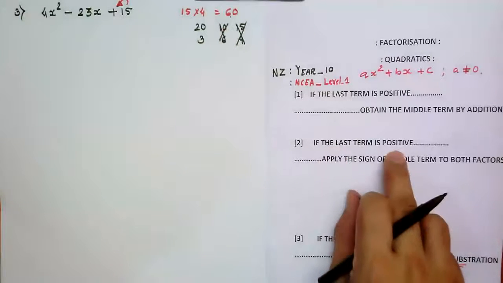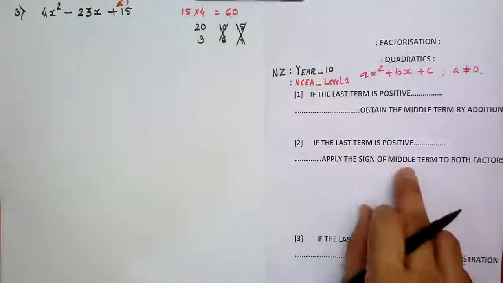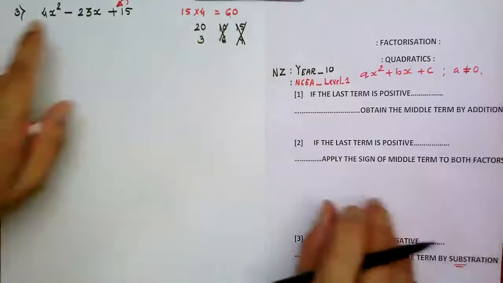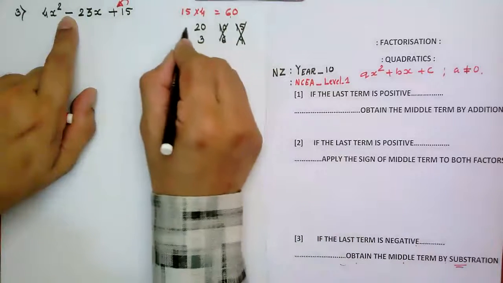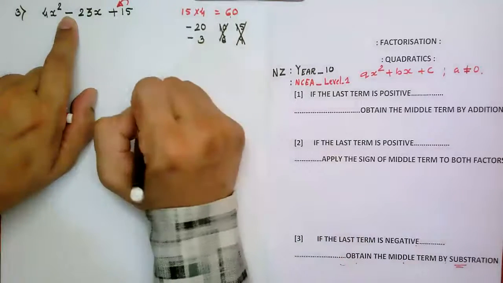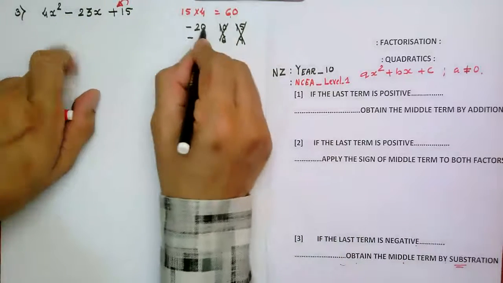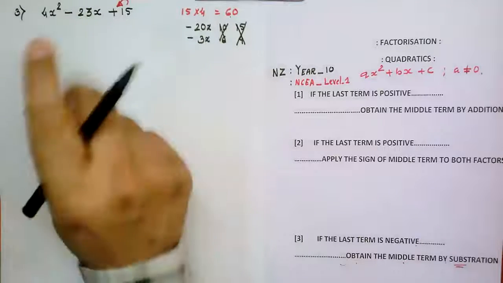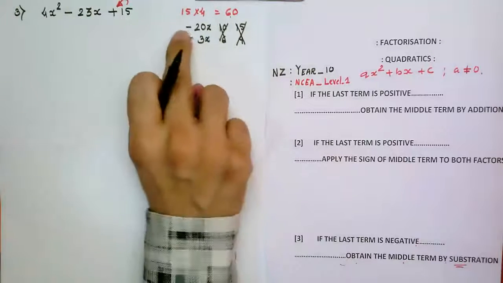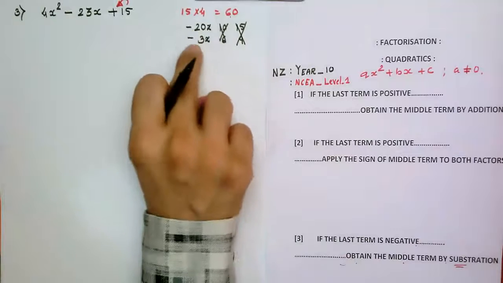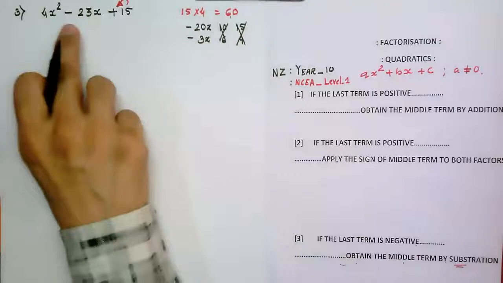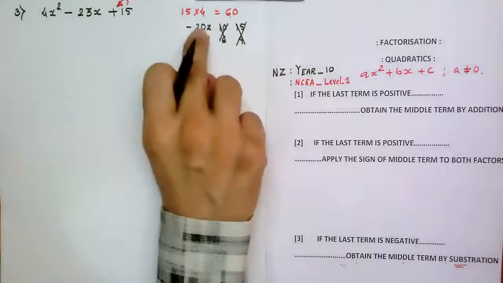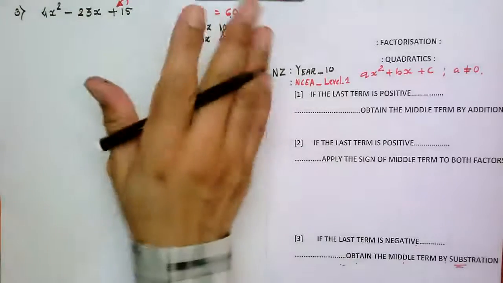If the last term is positive, apply the sign of middle term to both factors. So both are negative. Use this x. It seems good. Minus 20x and minus 3x. So we are getting minus 23x. And 20 times 3 is 60. That's cool.